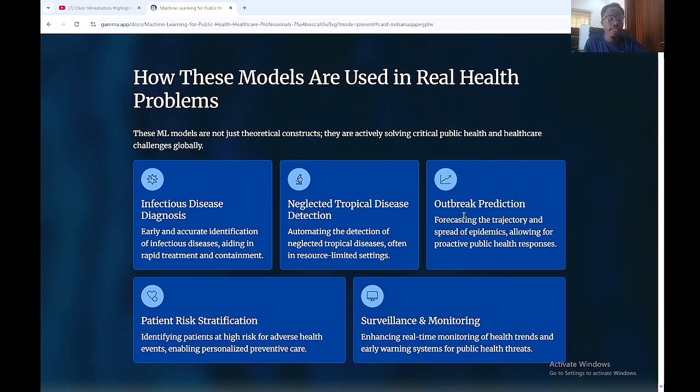Now, we also use machine learning models in surveillance and monitoring. Machine learning is very imperative in enhancing real-time monitoring of health trends and early warning systems for public health threats. So there are a lot of places where machine learning is used, particularly in rural health problems. Machine learning is a widely growing field that is very important for anybody to embrace.